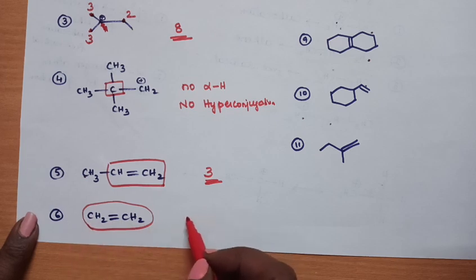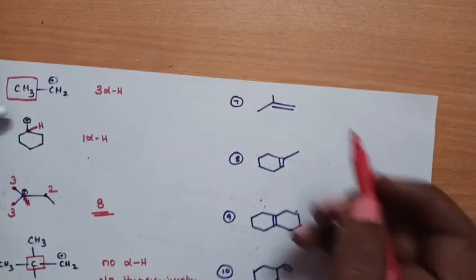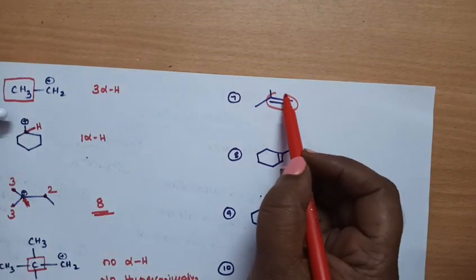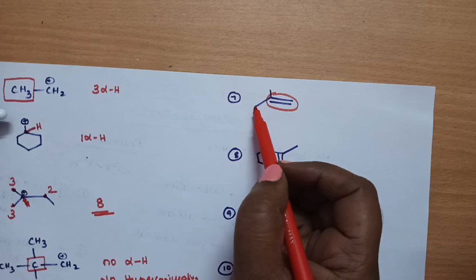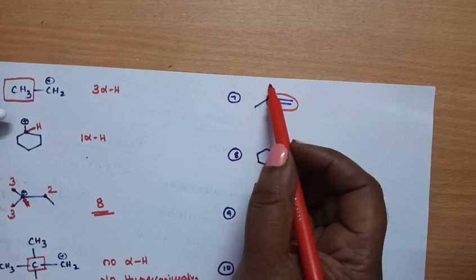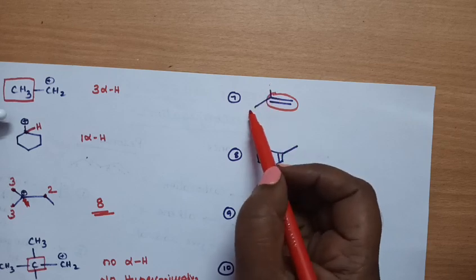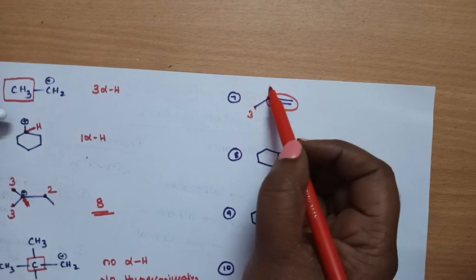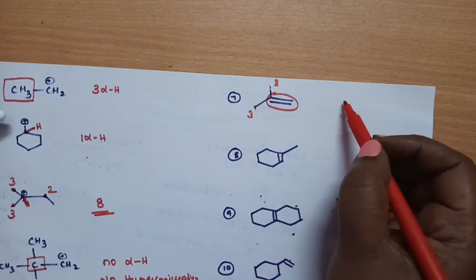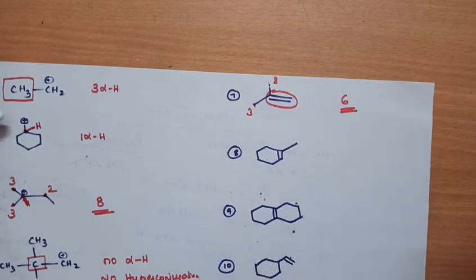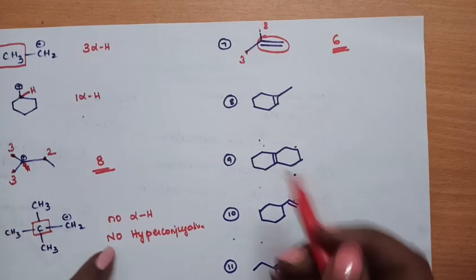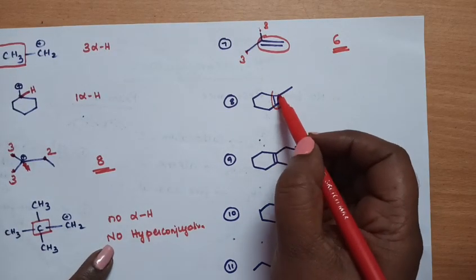So here also there is no hyperconjugation, and here this is the double bond. So to this double bond, here one methyl group is there and here one methyl group is there. So there are 3 alpha hydrogen atoms here, and here there are 3 alpha hydrogen atoms. So totally 6 alpha hydrogen atoms are there, and here this is the double bond.